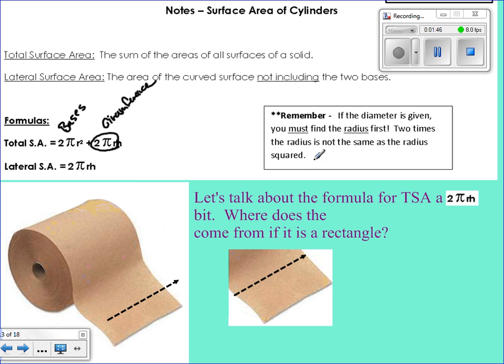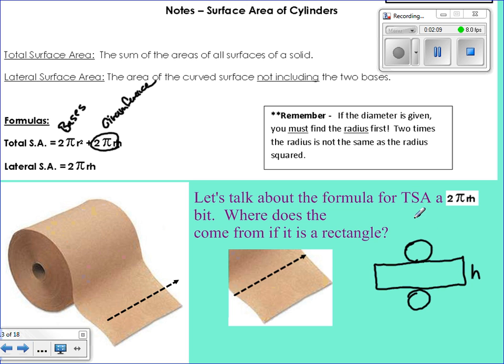Why would we do that? Because the cylinder's round. We need the circumference, and then what? And the height. That's the height over here, right?